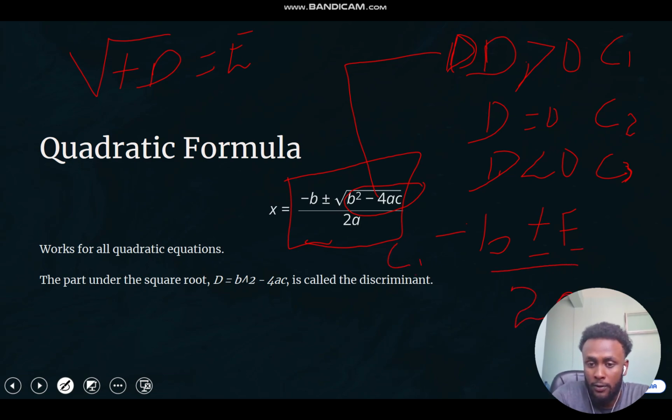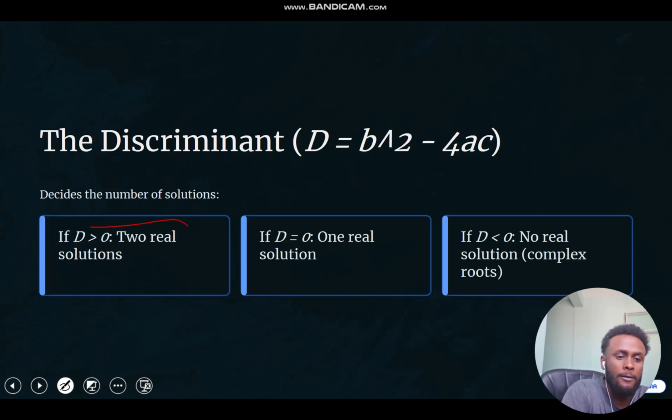We can split this into two: one for the addition and the other for the subtraction. This is the first solution. The second solution is minus b minus e divided by 2a. This is the first case: two real solutions, solution number one and solution number two, as I showed you.